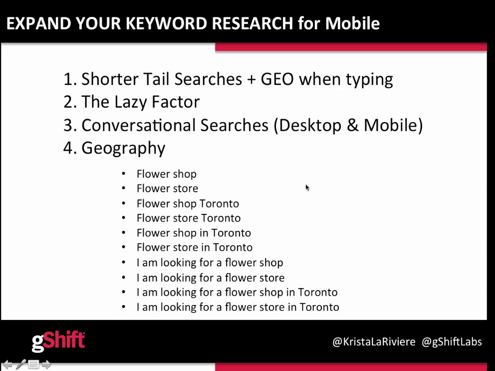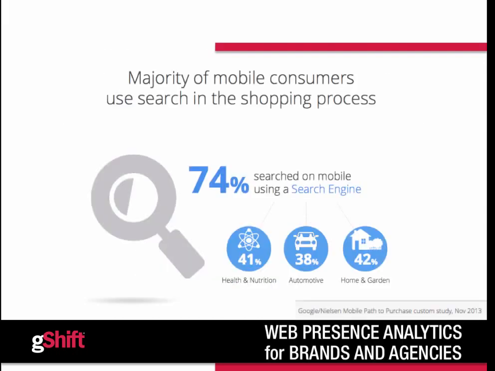Keep in mind with geography that Google will find your IP address and factor that in when doing searches. But for more specific results, or if you're not happy with the results, usually users will put in the geography afterwards. So Toronto, or if they're new to the area and they have their default set for a different city or region, then they may put in Toronto in there.